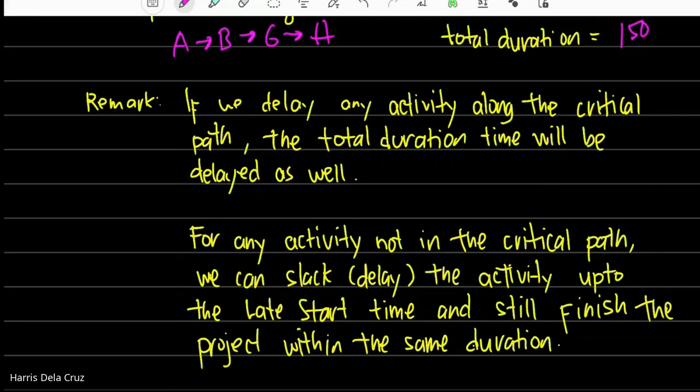And any delay in this activity may or may not affect the end time itself. Well, it will not affect if you're within the slack. Ibig sabihin, kung hindi ka lalagpas dun sa slack mo, syempre, hindi maapektuhan yung schedule mo. Pero pag ang naapektuhan mo or ang na-delay, yung nasa critical path, automatic, madi-delay yung schedule mo.